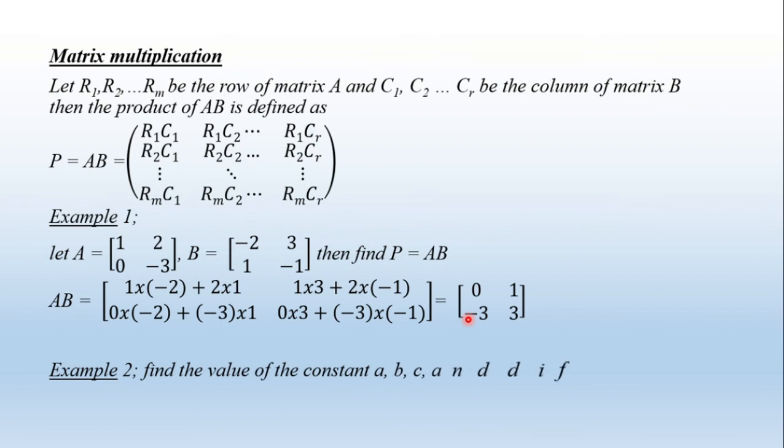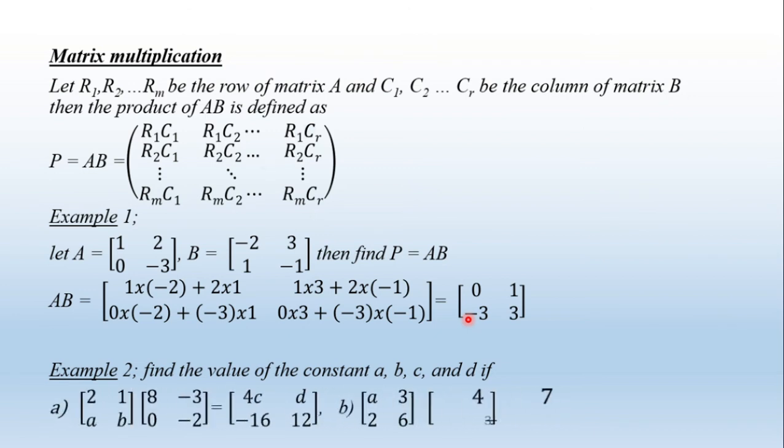Example 2. Find the values of the constants a, b, c and d if... Here we will do two problems, problem A and problem B. The first equation has the first matrix and the second matrix, and their product is equal to 4c d, -16 12.